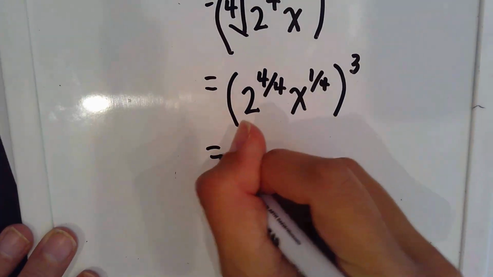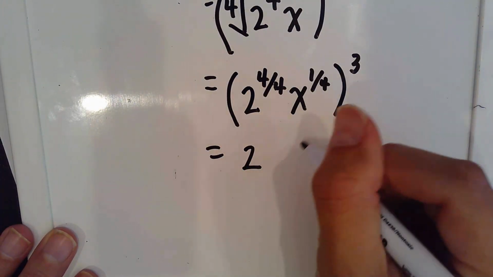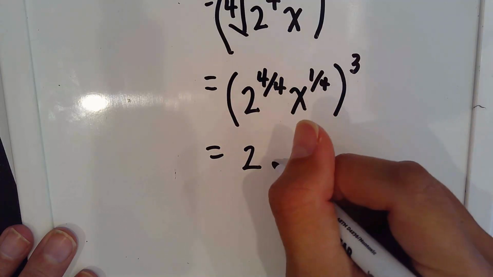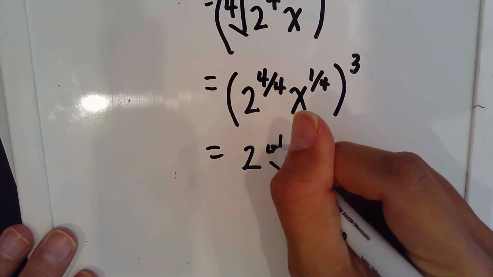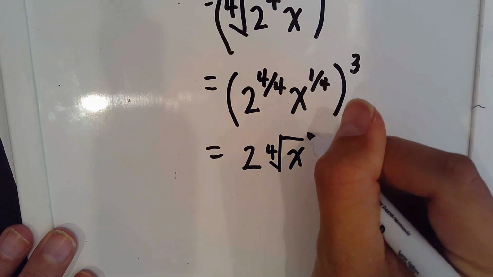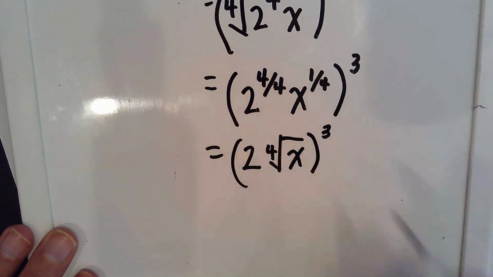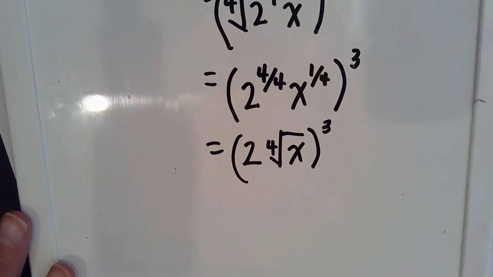So this is going to be a 2, and then let's rewrite this again to the radical form. So the 4th root of x, and all of this still is to the 3rd power. Going a really long way about this here.